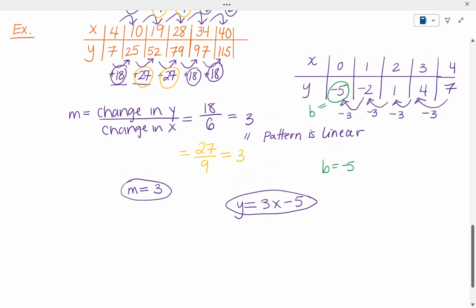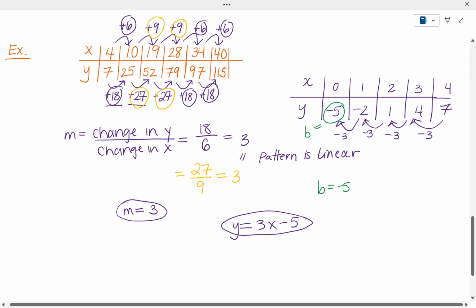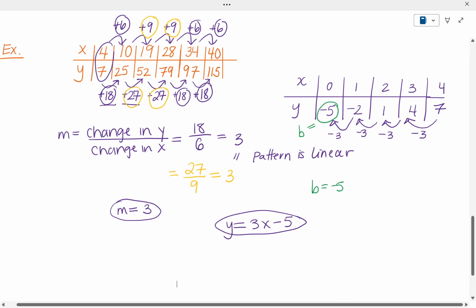Another way to find the equation without having to go back to the 0 term, so say you do not want to take the steps to go back to the 0 term, what you can do is write an equation with the starting point that you have. So start with the point 4, 7.